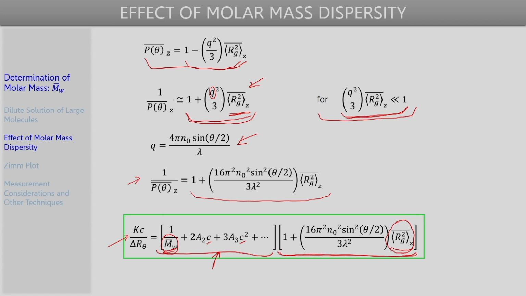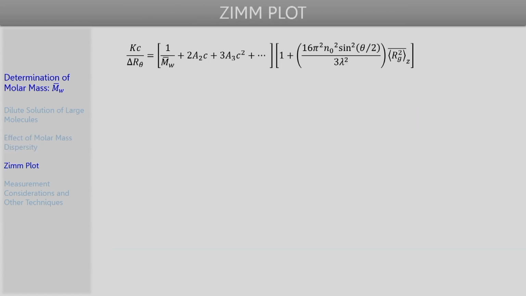So, now that we have this expression, let us see how the data can be plotted to obtain quantities such as the weight average molar mass as well as the Z average mean square radius of gyration. If we again consider the static light scattering equation that we have developed just now, this equation basically relates the quantity Kc over delta R theta to the concentration of the polymer solution as well as the scattering angle theta.